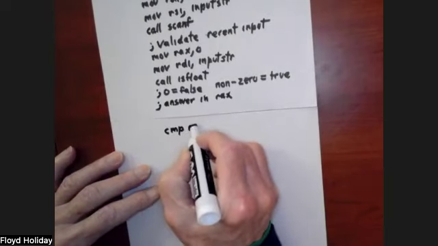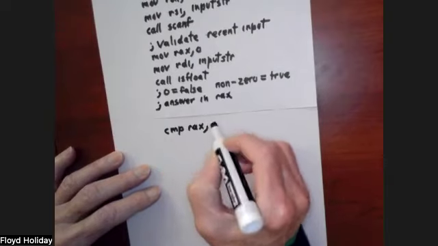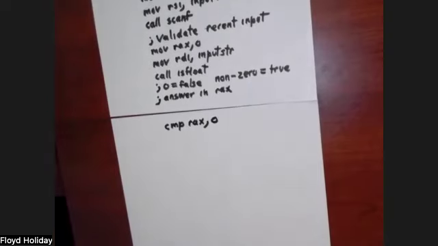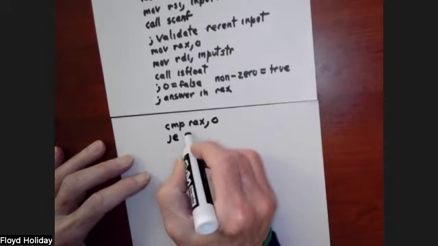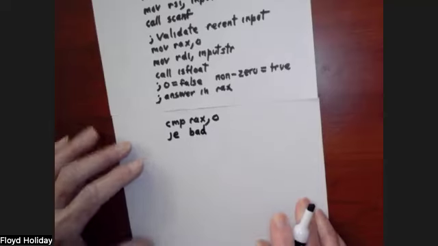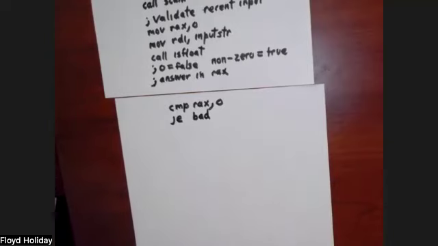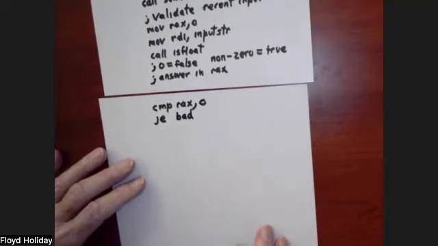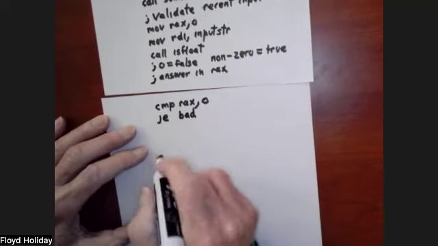Compare RAX with, say, 0. If those two are equal, we have a bad input. We have to get out of this area. We'll just go to bad. If it doesn't jump to bad, then we have a good input.